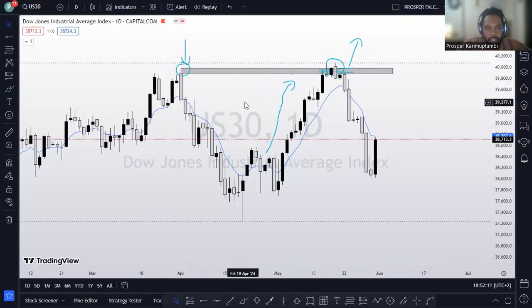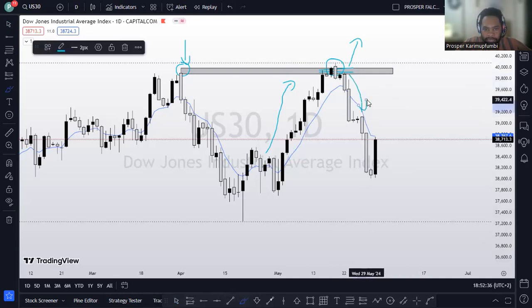So with what happened here, US30 came to this level and rejected, pushing away from this supply zone, which means that from this point going forward, we're expecting US30 to start dropping to the downside. So these are the areas that we're going to be looking at.